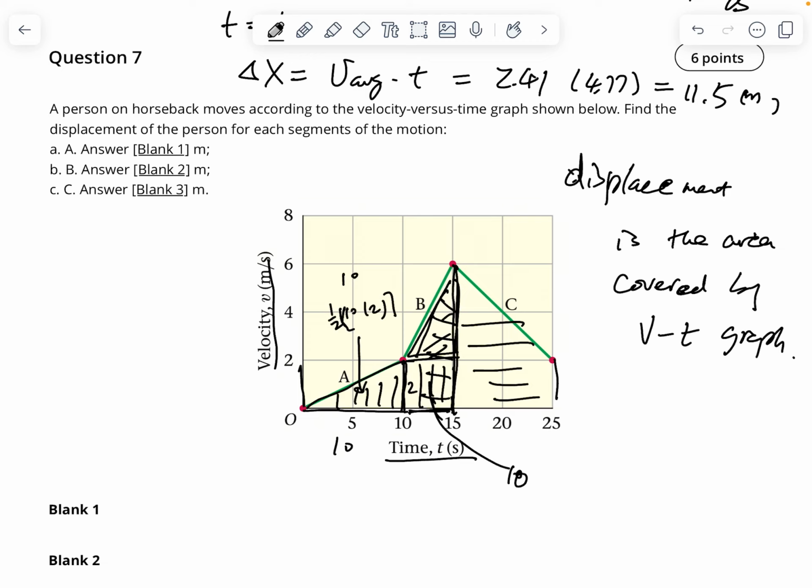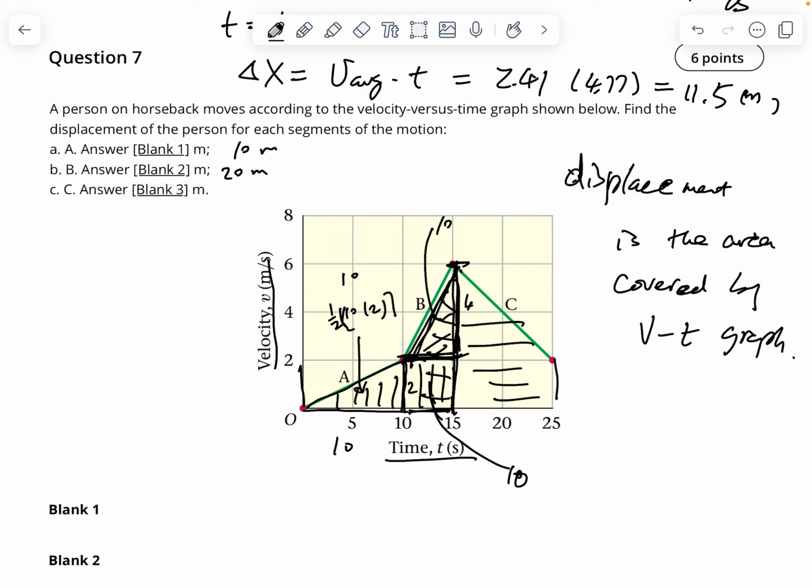The triangle is 5 by 4, 20, half of that, 10. So B is 20 meter, because 10 plus 10. And A is 10 meter.